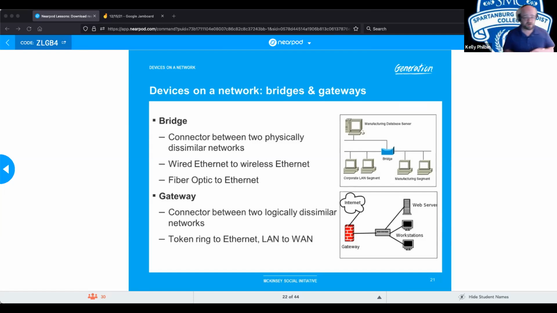We could have one going from coaxial to Ethernet. If you have cable internet at your house, the device that you affectionately call your router also is a bridge. It's bridging the technology from coaxial to Wi-Fi and to Ethernet if you so choose. So it is connecting physically dissimilar networks.